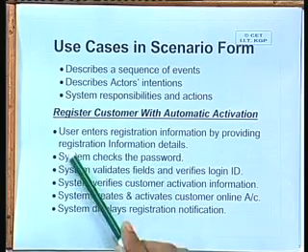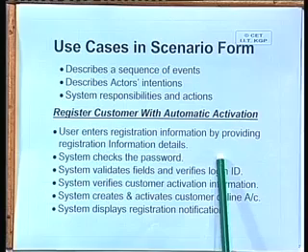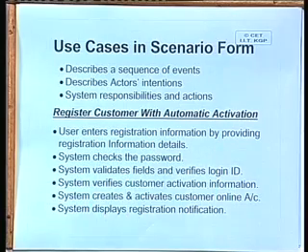The user, the so-called customer, is entering all this information, so it's all right. But the system is also doing things. The system is checking the password, validating the fields, verifying the password. So the system has a lot of actions to do. Please understand this. Don't look at it from a programmer's or developer's point of view, as I said right in the beginning. Look at it from a functional point of view, from a user's point of view.